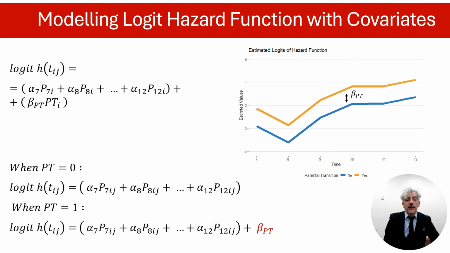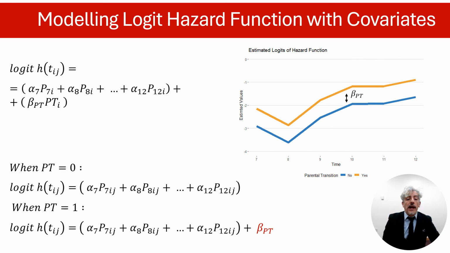Representing it in the plot, this means that the logits of the hazard function of cases that experience parental transitions will just shift in each time period by the degree that corresponds to the covariate slope. In this case, the line of those who had experienced parental transitions shifts constantly upward, representing increased risk.